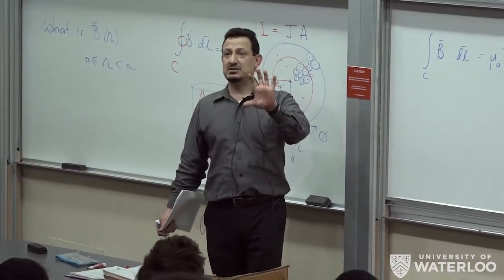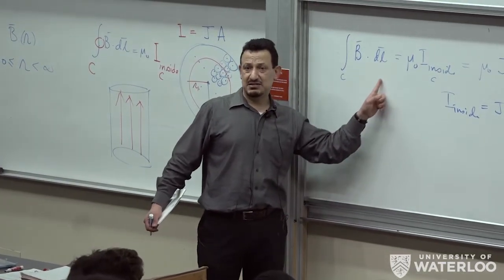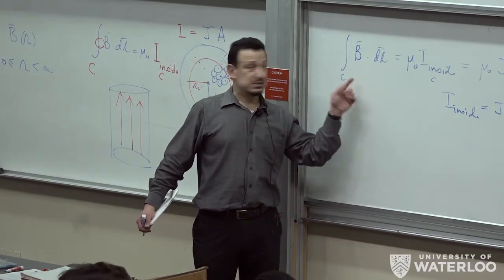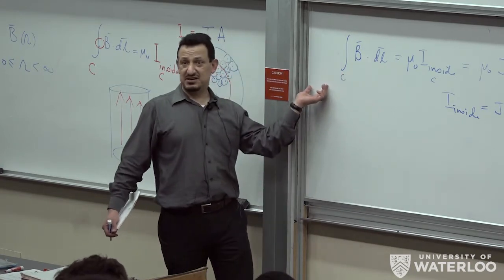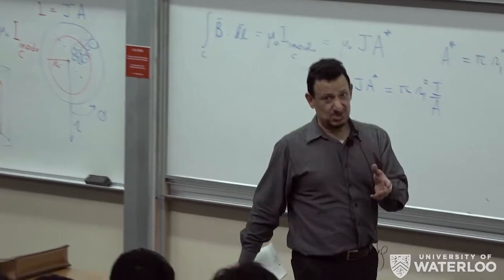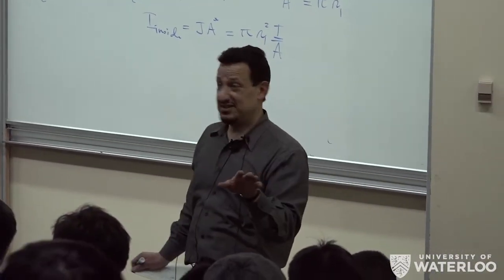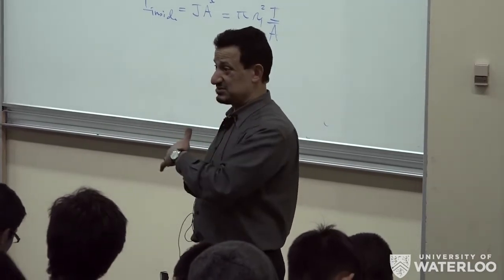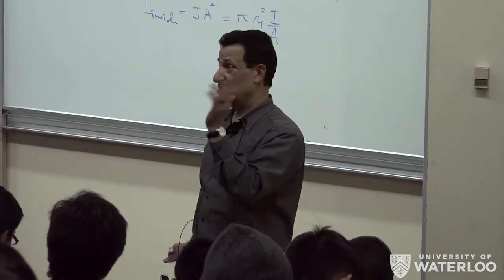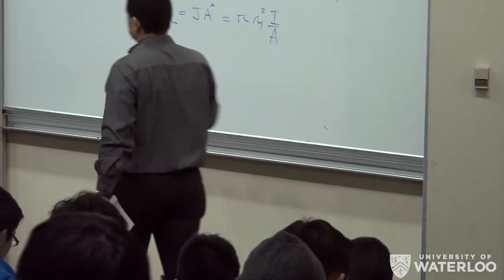Guys, where does B show up? B shows up under the integral. So I need to extract this from here. So this is the class of problems that I cannot do unless the problem is what? Symmetric. If it's not symmetric, forget about Ampere's law, Gauss's law, all of these laws. It doesn't work.